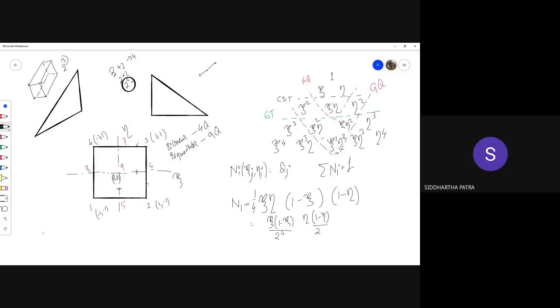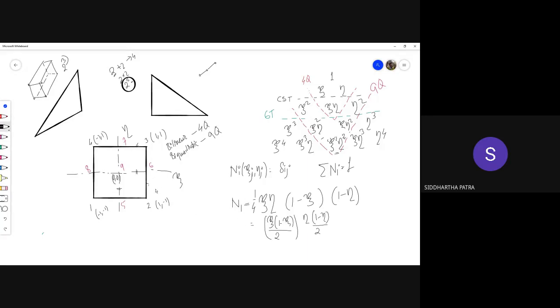So this is the shape function for N1, and if you compare that to the quadratic bar element, that is actually N1. So this expression is actually N1 for the quadratic bar element.